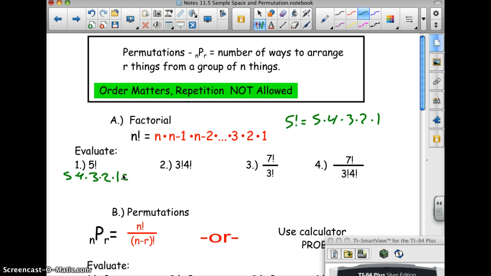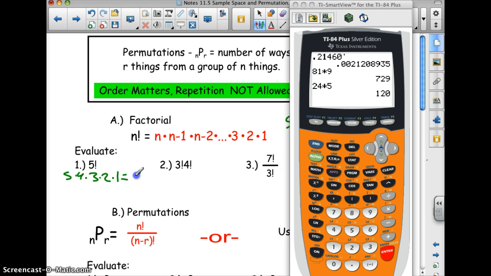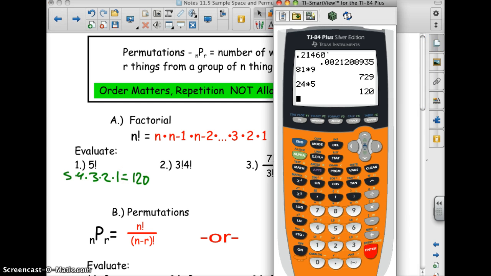So 5 factorial is 5 times 4 times 3 times 2 times 1. That is 6 times 4 is 24, times 5, which is 120. You can do some relatively small factorials using the calculator. 5, math, go over to PRB, and there you see choice number 4 is the factorial, and you can do it that way as well.